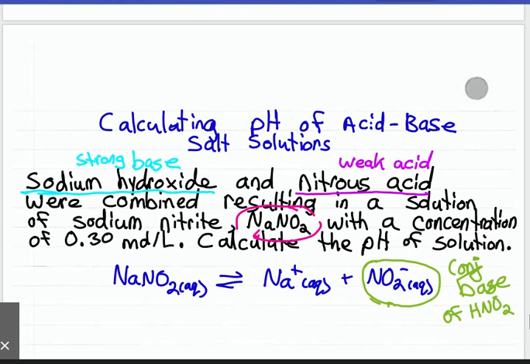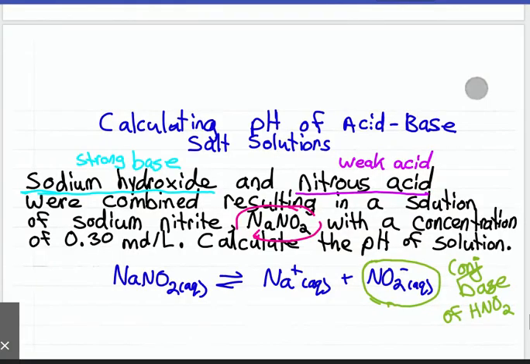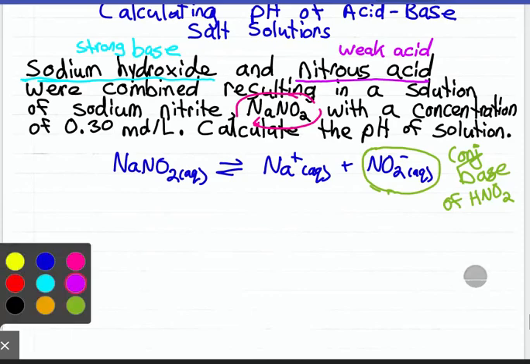So if you go back to our generalizations right here, you're looking at number 2, a weak acid and a strong base. So the negative ion coming out of the salt is going to end up creating hydroxides. So what we know then is that this NO2 negative is going to react with water and create hydroxide ions.